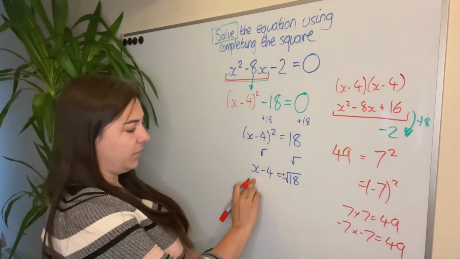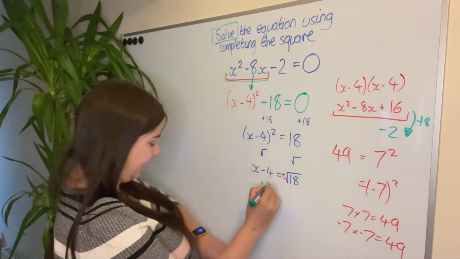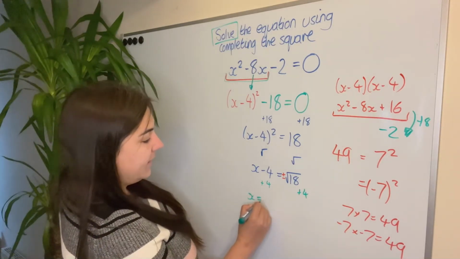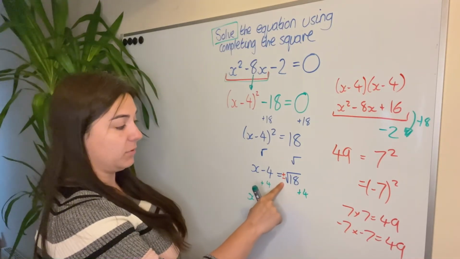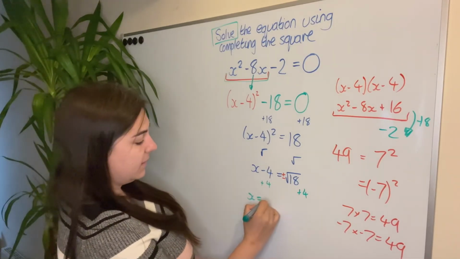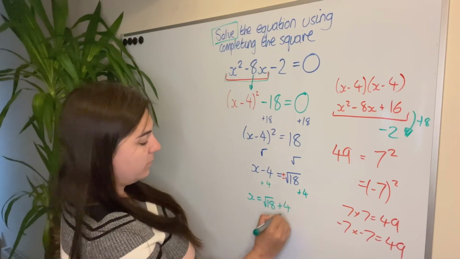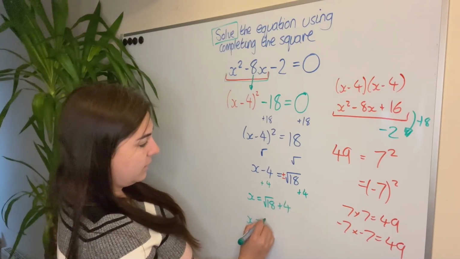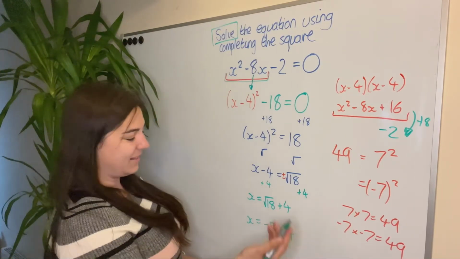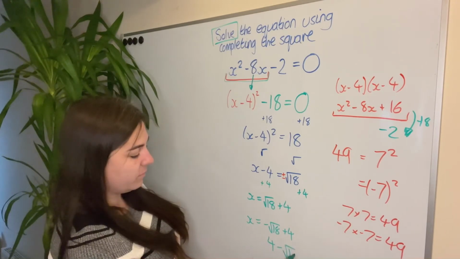Okay, so what's the last part of the equation? I would add 4 to both sides. And so my two solutions, because every square root has a positive and a negative square root, would be positive square root of 18 plus 4, but also negative root 18 plus 4, or to make that look nicer, I could write it as 4 take root 18.